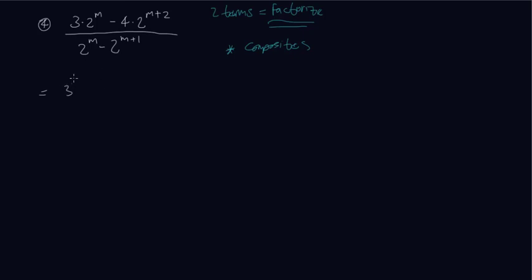So it's 3 times 2 to the m minus 4 times 2 to the m times 2 squared, and then all over, it's 2 to the m minus 2 to the m times 2. And you can already see, so associate my terms, my exponents.